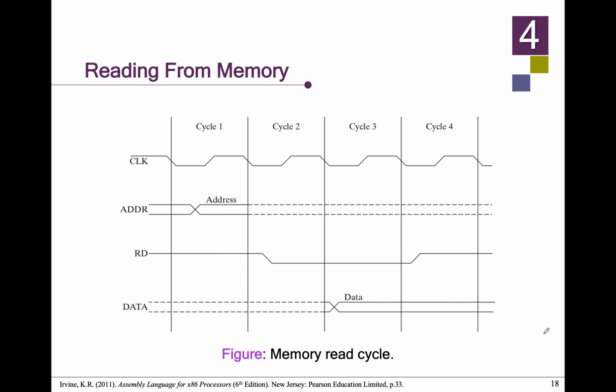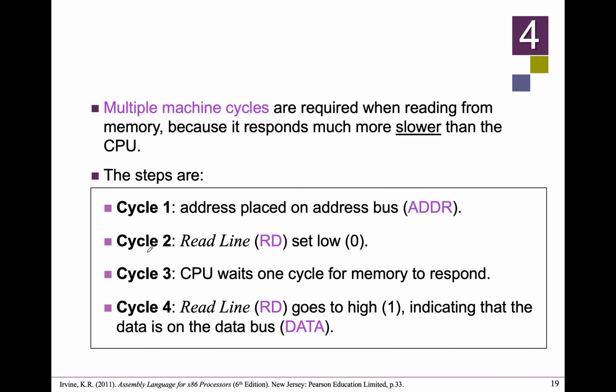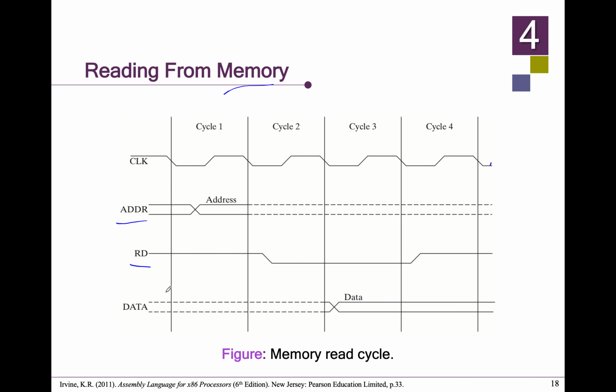This is an example of what happens in your memory when you have the readings. You have your clock over here, and then you have your address bus, and then you have, what is this? This is a read line and your data.